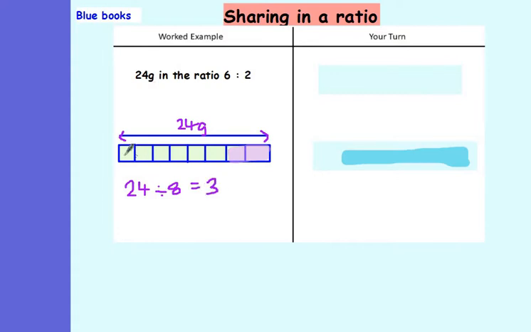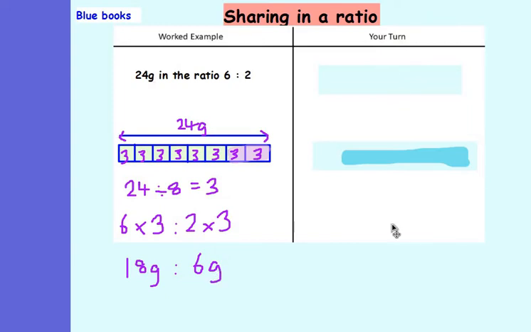Brilliant. Each of those little pieces is going to be worth 3. This time my light blue part is worth 6 times 3, and my purple part is worth 2 times 3. So that gives me 18 grams to 6 grams.